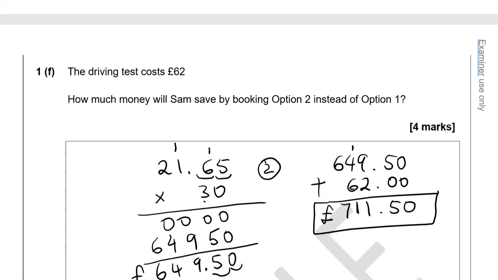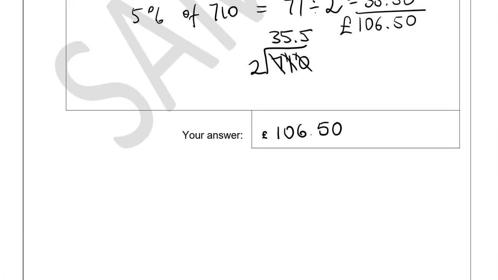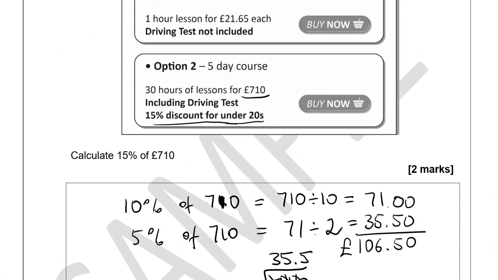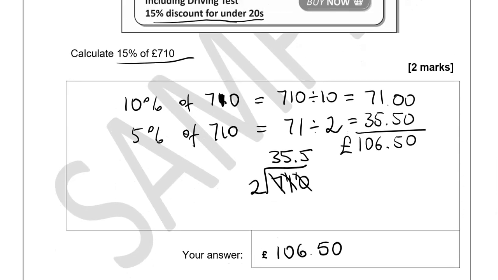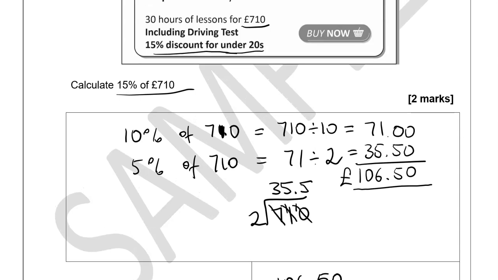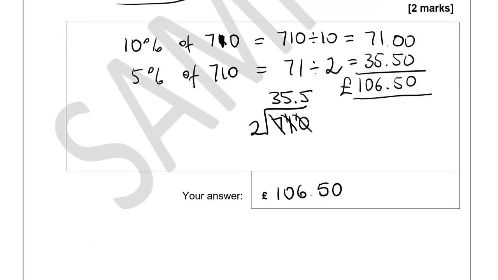Let's have a look at the total cost for option 2. It says 30 hours of lessons for £710, including driving test and the 15% discount. We worked out the 15% in the previous question, so we're going to take away £106.50 from the £710.